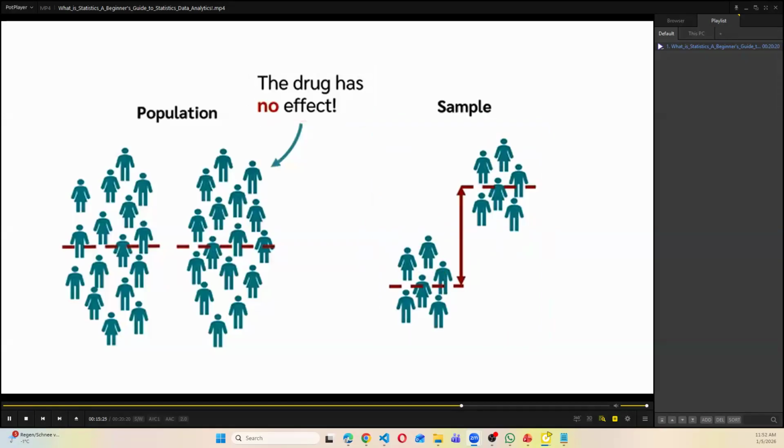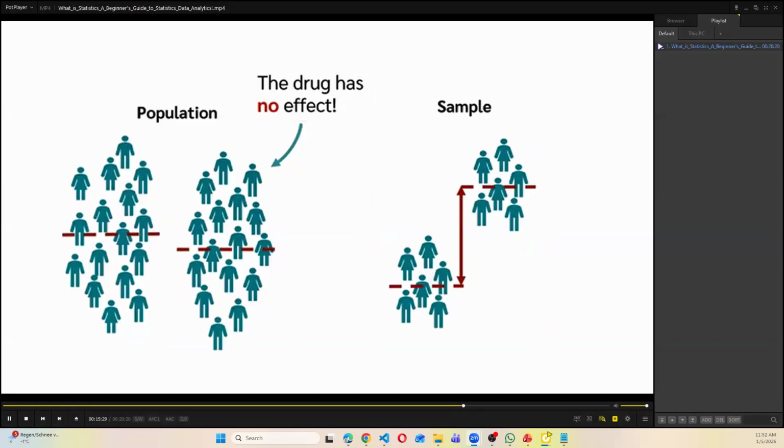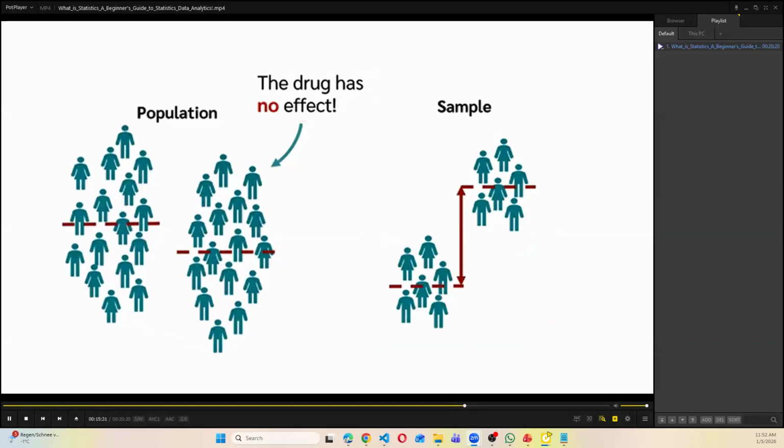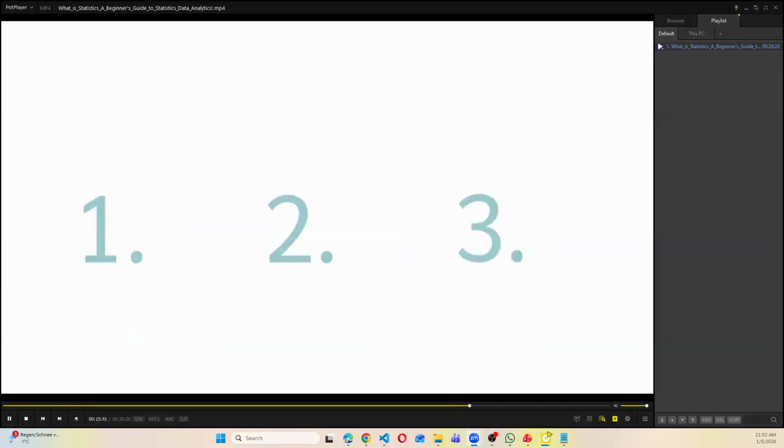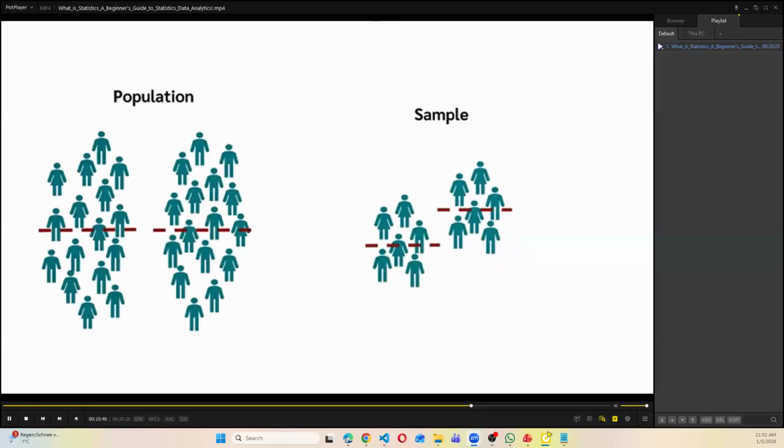If this probability is very low, we can ask ourselves, maybe the drug has an effect in the population. And we may have enough evidence to reject the null hypothesis that the drug has no effect. And it is this probability that is called the p-value. Let's summarize this in 3 simple steps. Number 1, the null hypothesis states that there is no difference in the population.